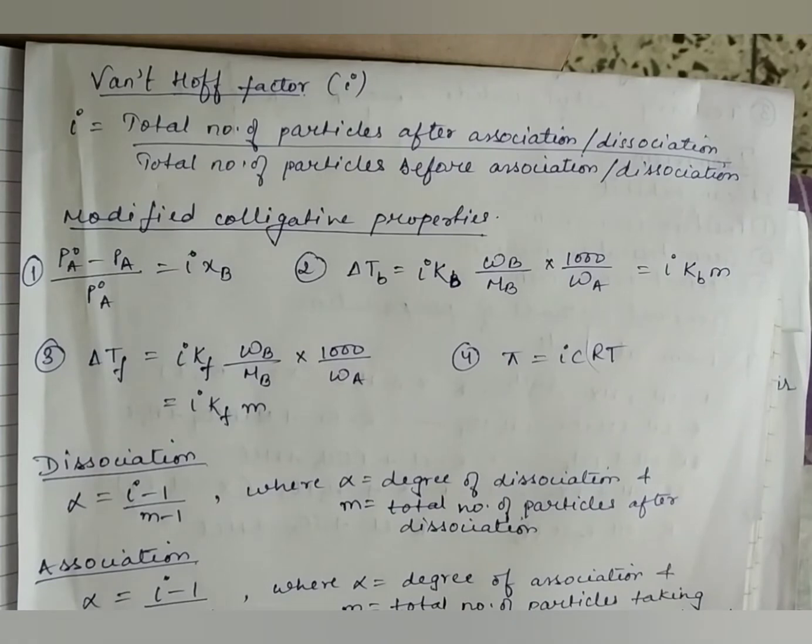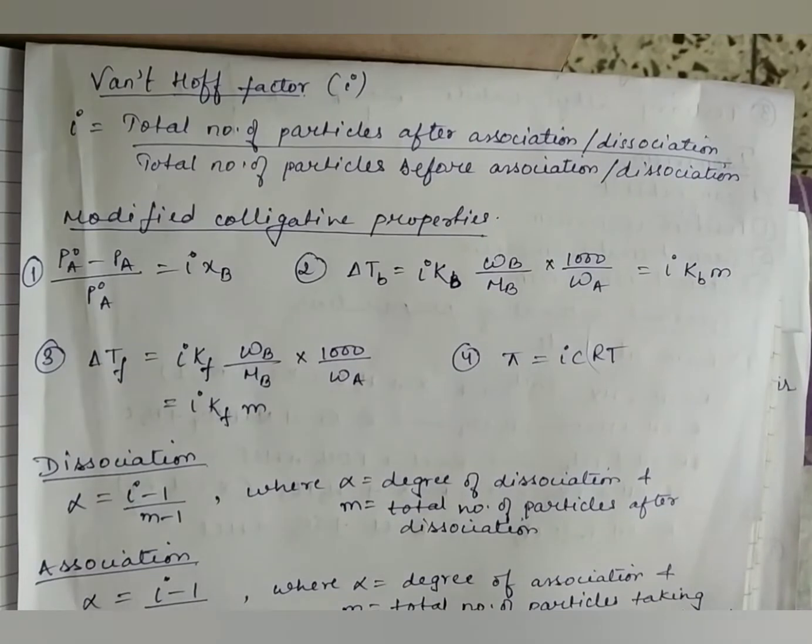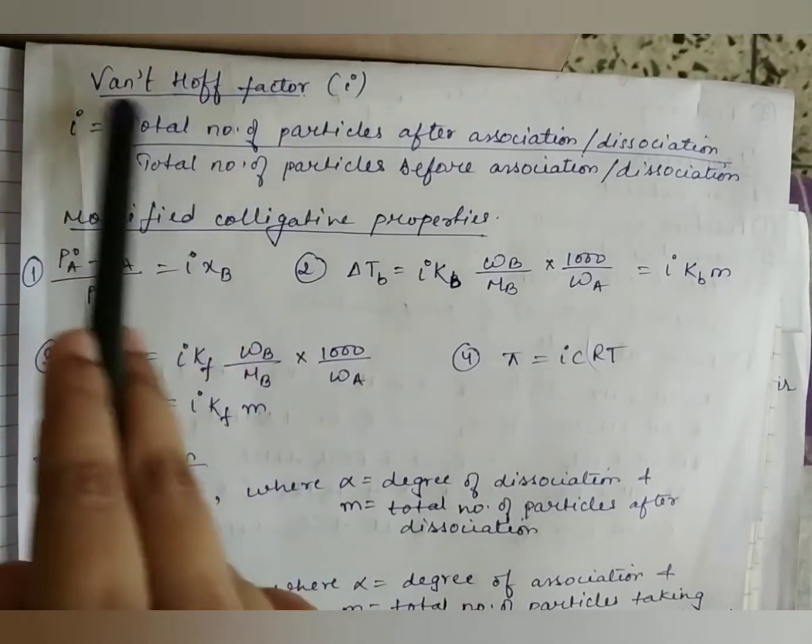Due to dissociation and association of molecules, the number of solute particles present in the solution differs from the added number of solute particles. Therefore, this change is addressed by introducing this factor called the Van 't Hoff factor.